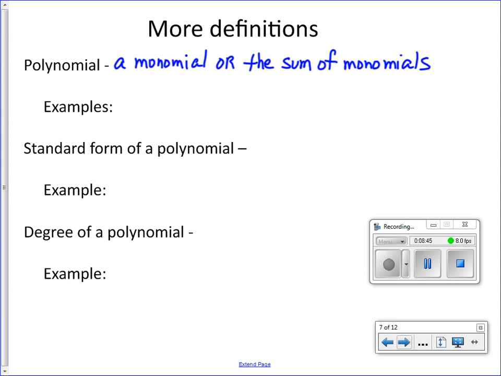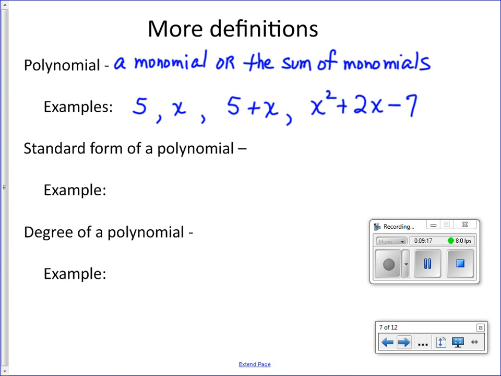So, for instance, a polynomial can just be a monomial, like our 5 or like our x. Or it can be the sum of monomials, like, let's take an example, 5 plus x, or x squared plus 2x minus 7 is also a polynomial.